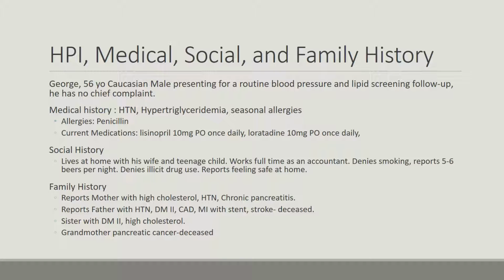So aside from the CAGE assessment of the alcohol intake, I would also consider family history. There seems to be a history of pancreatitis, chronic pancreatitis, as well as diabetes, cardiovascular disease, several risk factors there that I'll take into consideration going forward.